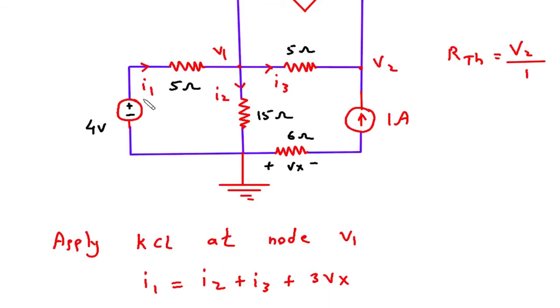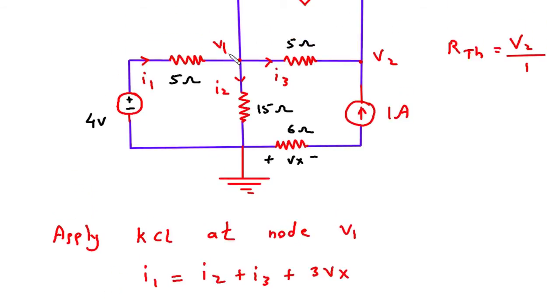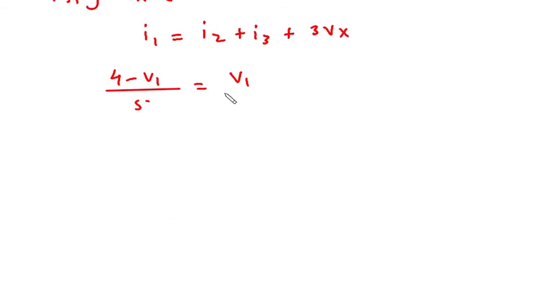Now I1 is equal to 4 minus V1 by 5. 4 minus V1 by 5 is equal to I2, and I2 is V1 minus 0 by 15, plus I3.